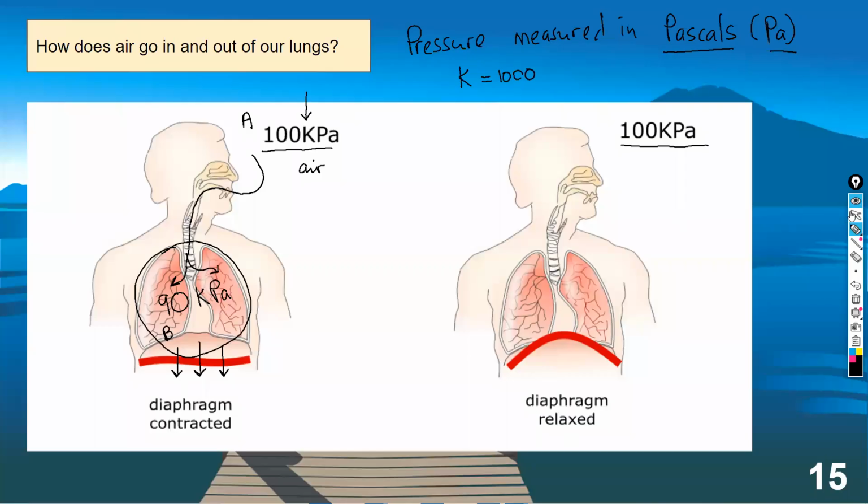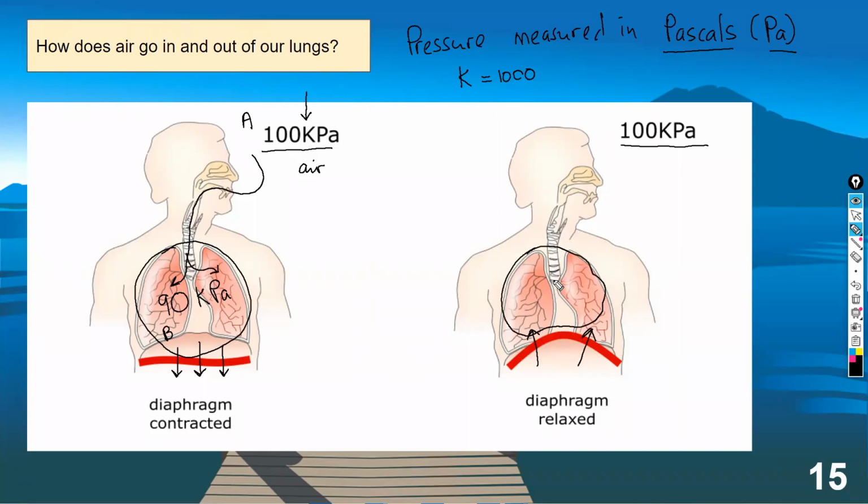Now, let's say you want to get the air out of your body. When it's time to breathe out, your diaphragm will move upwards. When your diaphragm moves upwards and you push it up against your lungs, it will make the space much smaller. Look at it, the space in between here is going to get smaller.